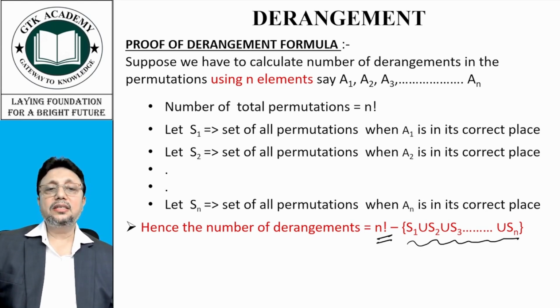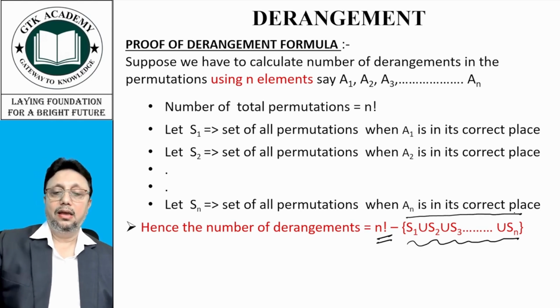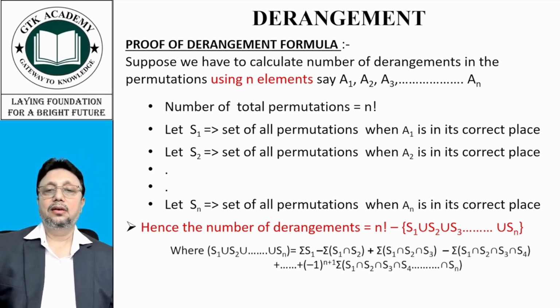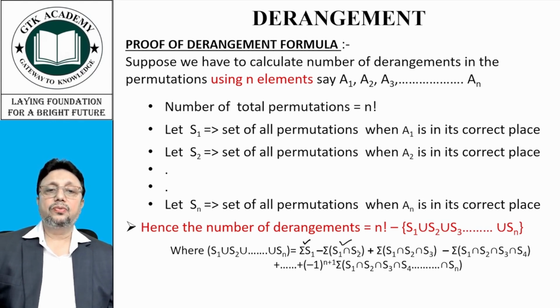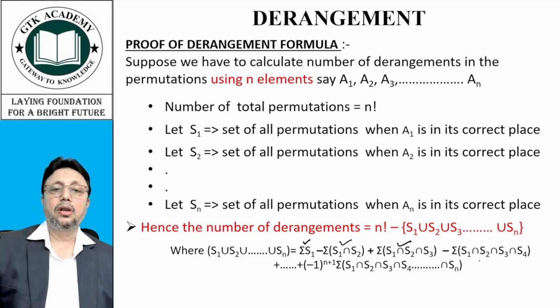Now the question is how to calculate or how to find this union. So S1 union S2 union S3 till Sn. We already discussed that this is sigma S1 minus sigma S1 intersection S2 plus sigma S1 intersection S2 intersection S3, and so on.